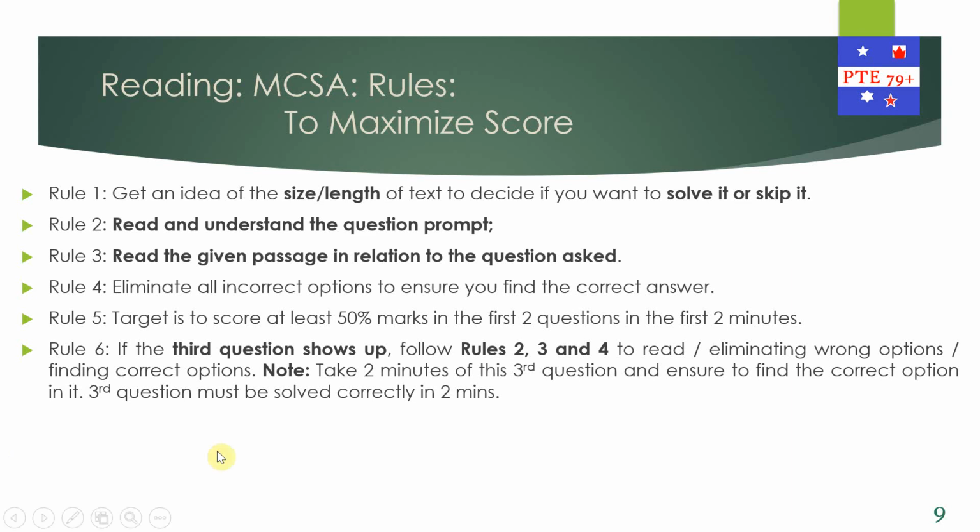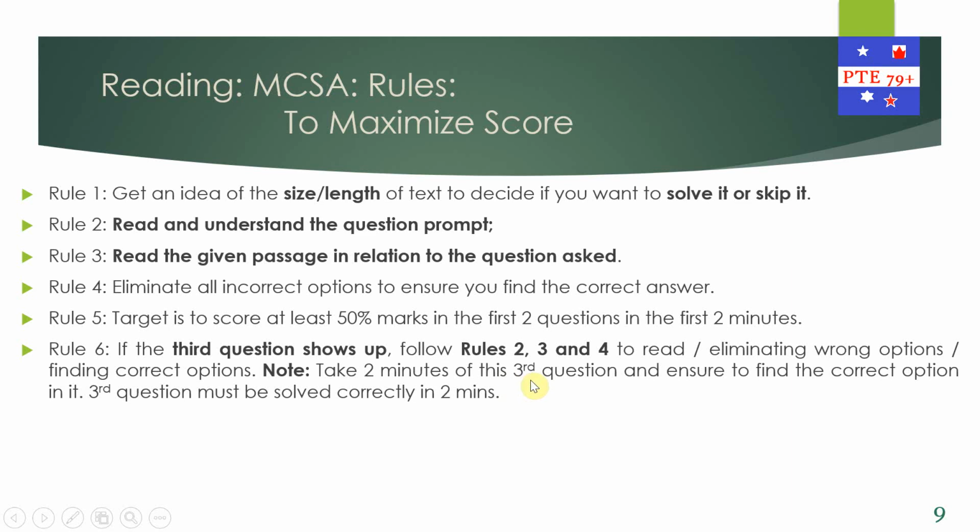And if the third question comes up for you in the exam, which may or may not come for everybody, then obviously you'll be given 2 more minutes. So solving the third question in 2 minutes should be easy. Okay, one more point.